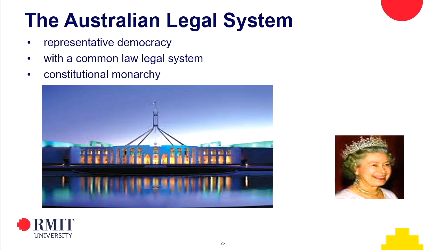And then the Governor-General is the representative for the Queen, but to be honest, that role is probably more ceremonial than anything. So they do have some powers around convention and the like, but their real role is to stamp the law and give it royal assent.